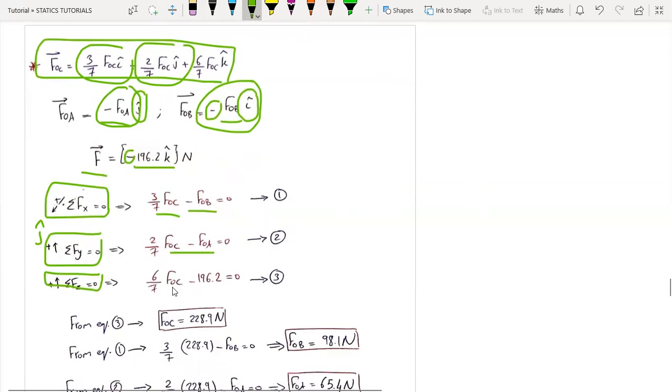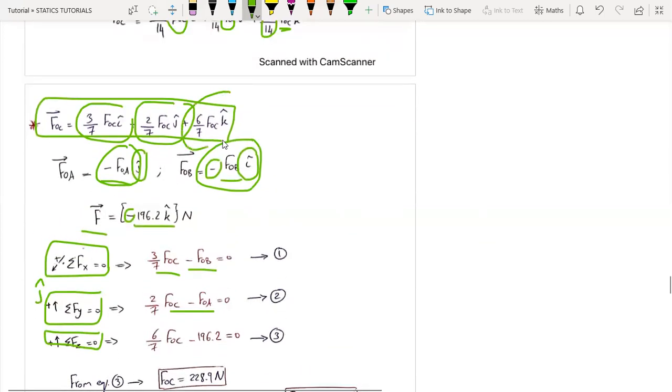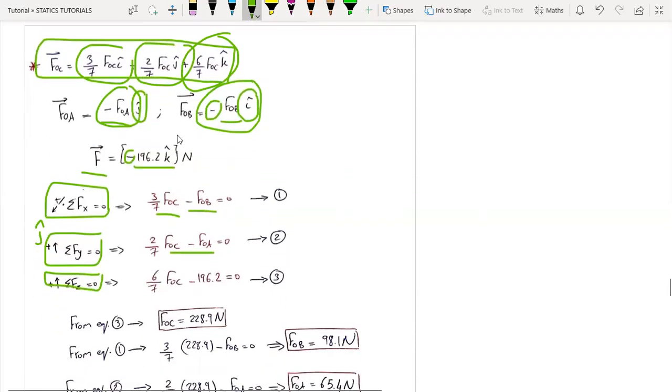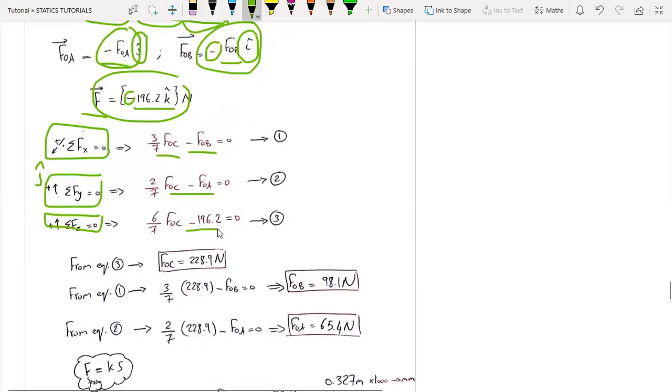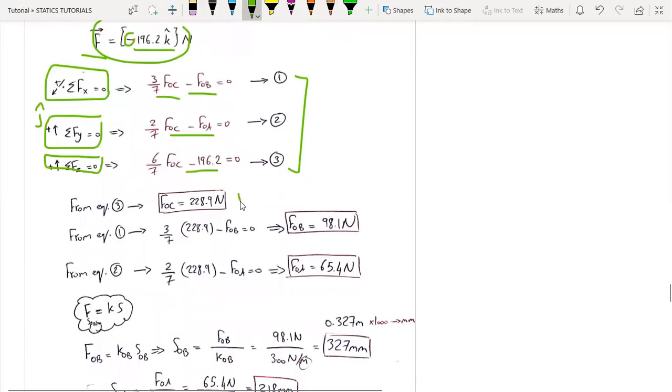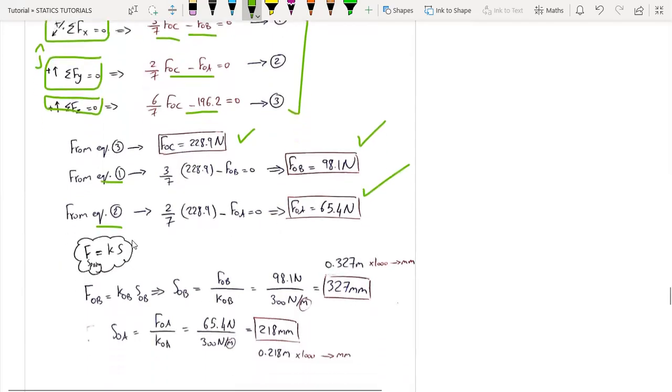And regarding the k hat terms, 6 over 7 FOC plus this term, minus 196.2, equals 0. From these three equations, we have three unknowns, and we can find them easily. From equation 3, we get the value of FOC. From equation 1, we can find the value of FOB, and from equation 2, we can find the value of FOA.